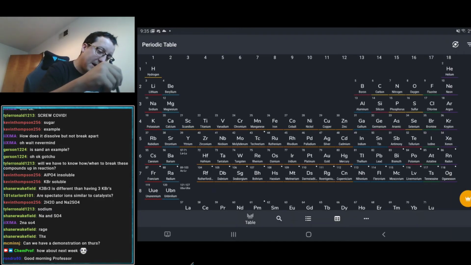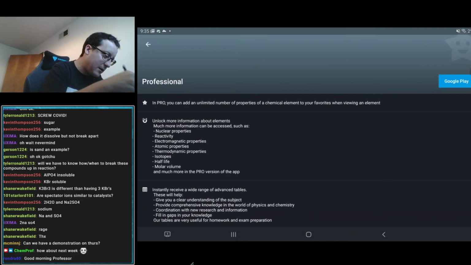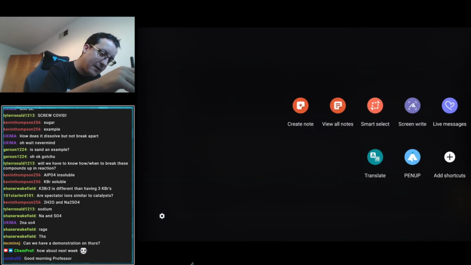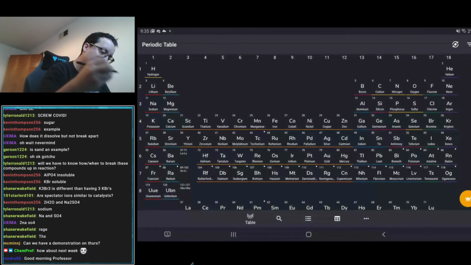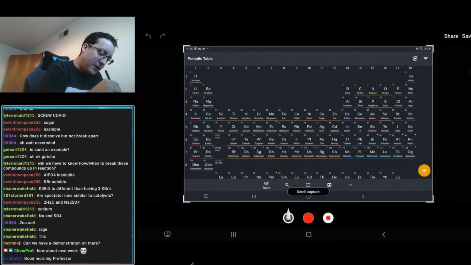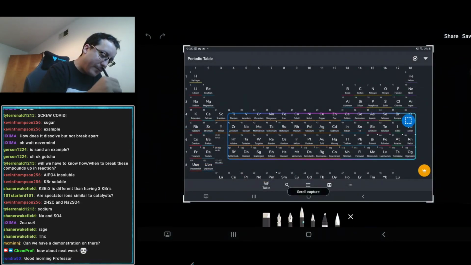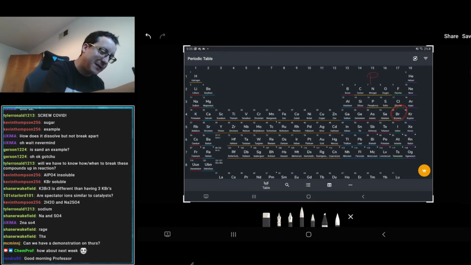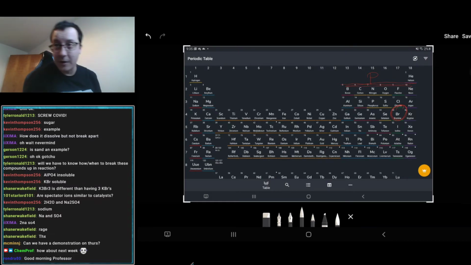Okay, so understanding that, let me just draw on this. Okay, here we go. Bromine is right here. Remembering that this is the p block, this group of 6 columns.